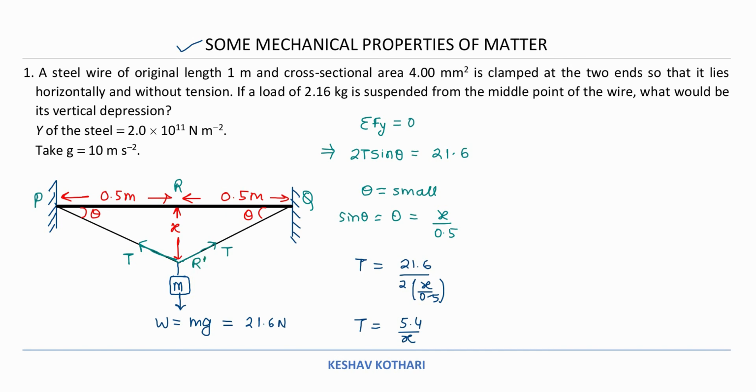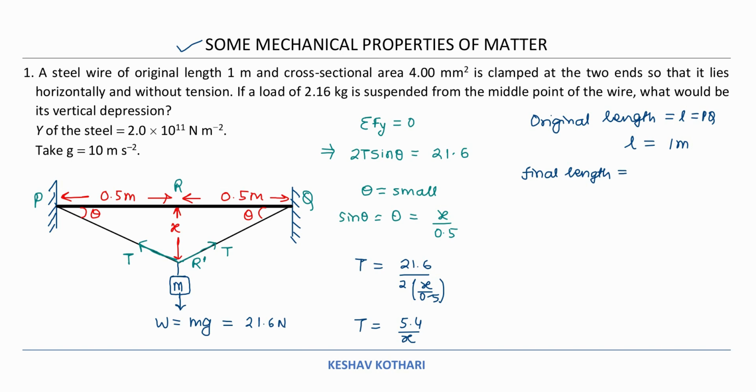So I can say that the original length of the wire, which we also refer to as L, given to us as 1 meter, is equal to PR plus RQ, which is equal to PQ, and it is equal to 1 meter. Now the final length of the wire.